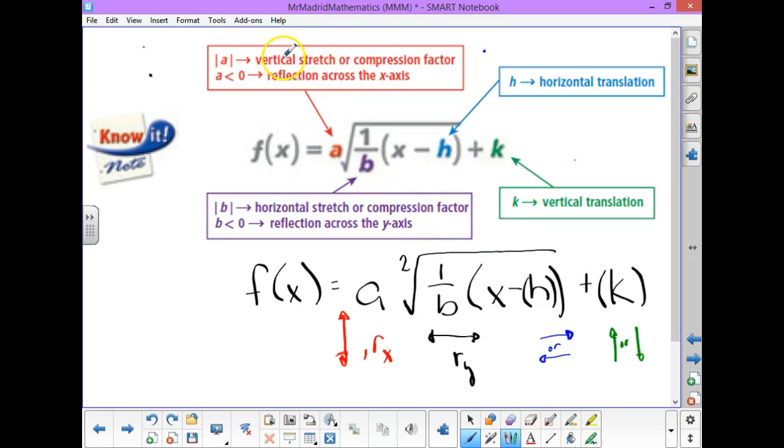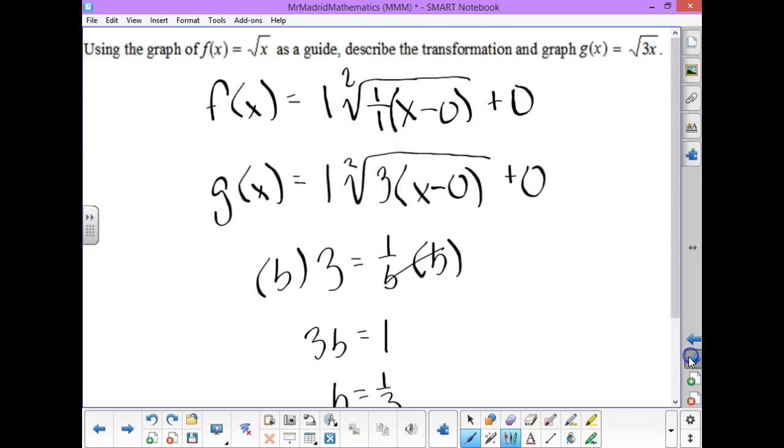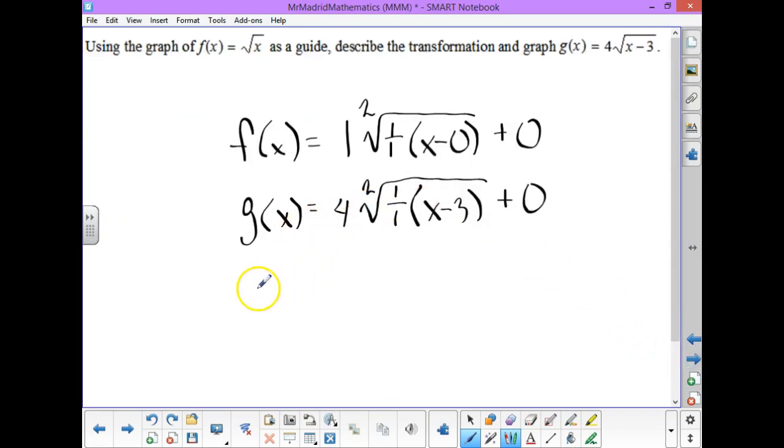Alright, so this first difference, let's go back to our master sheet, and it describes a vertical stretch or compression. It's not negative. So that's the first thing I'm going to say: there's a vertical stretch or compression by a factor of 4. What else is on here? This guy in here is h.